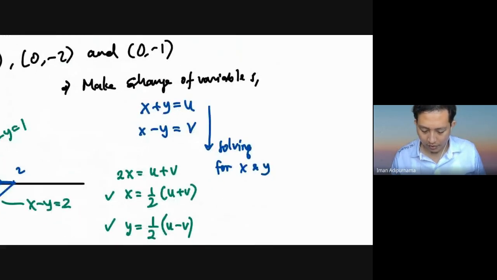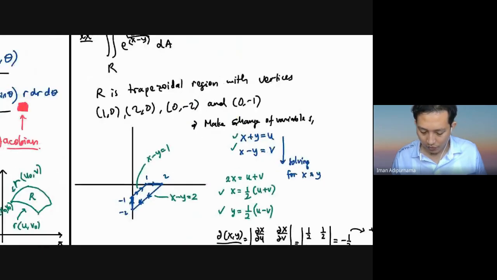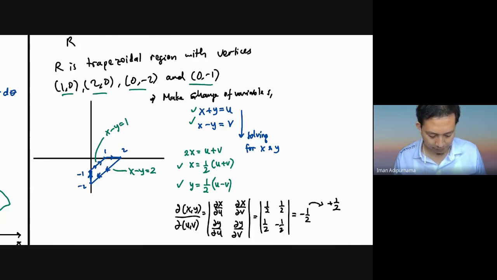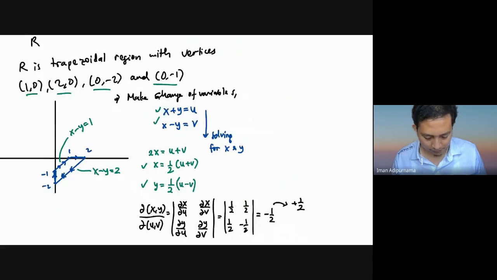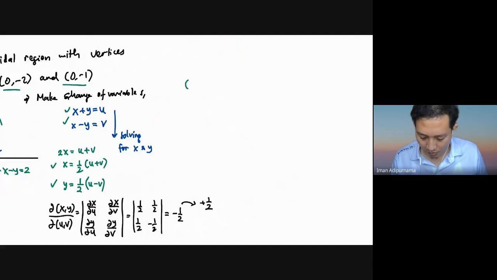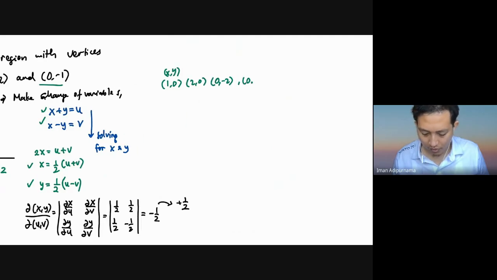Okay, now look here. We have these definitions, right? The next thing is we have the coordinate, right? And we can now solve for the boundary. So if you look from xy, they have the vertices from 1, 0 to 2, 0, 0, -2, and 0, -1.